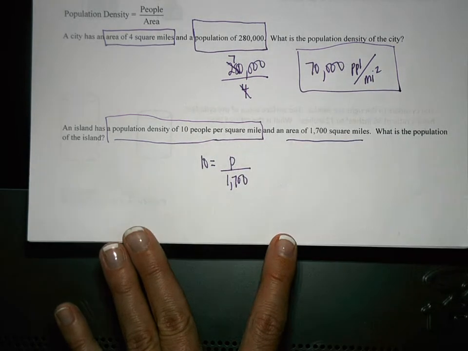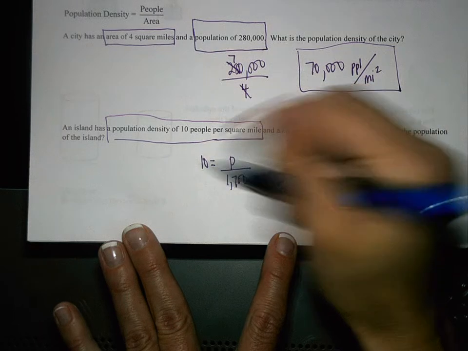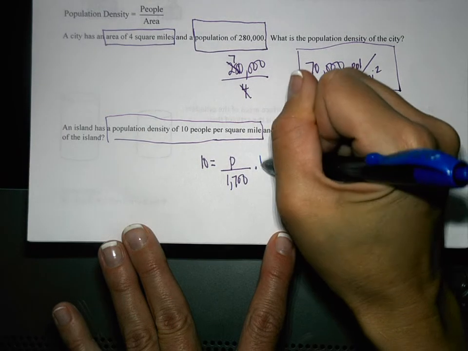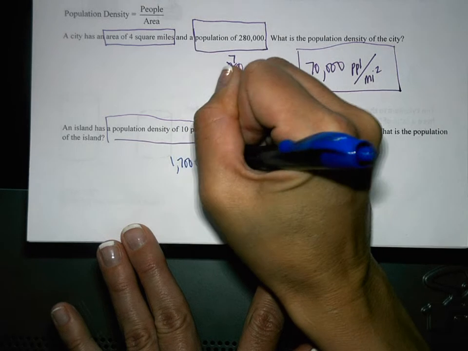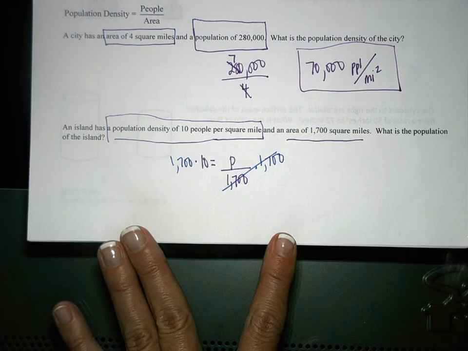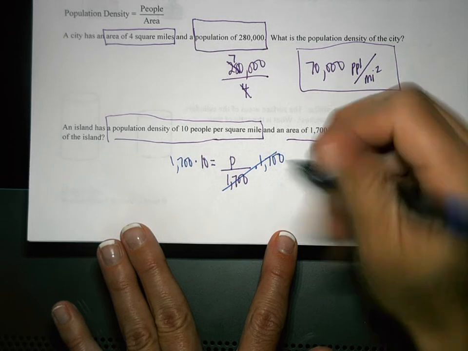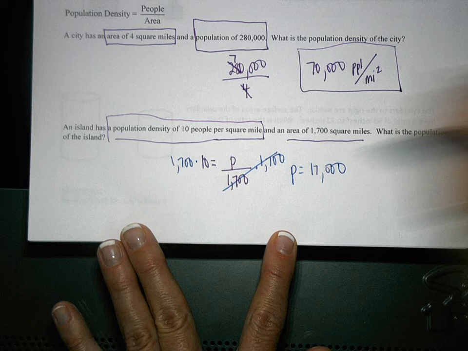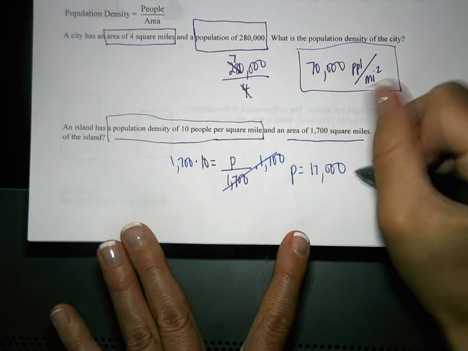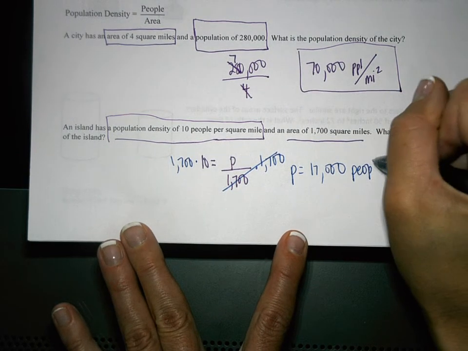In order to eliminate our fraction here, we would cross multiply, or you can multiply by 1,700 to both sides. Those eliminate. When you multiply that by 10, you end up getting 17,000 equals the people. And so I'm going to write that as 17,000 people.